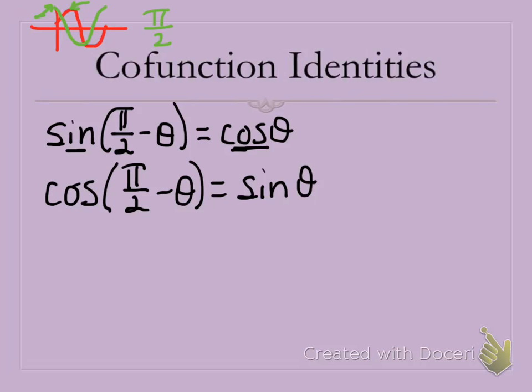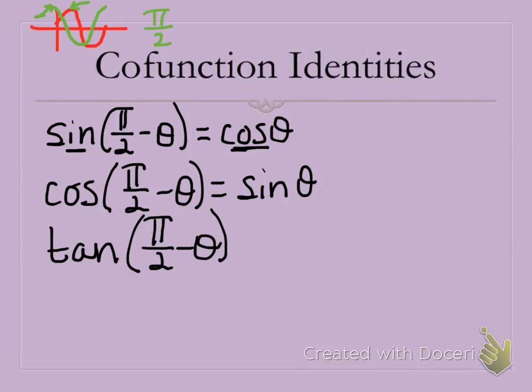We also have one other cofunction, which is the fact that if I take the tangent of pi over 2 minus theta, that would give me the cotangent. So 3 more identities that we might find helpful when we are simplifying expressions.